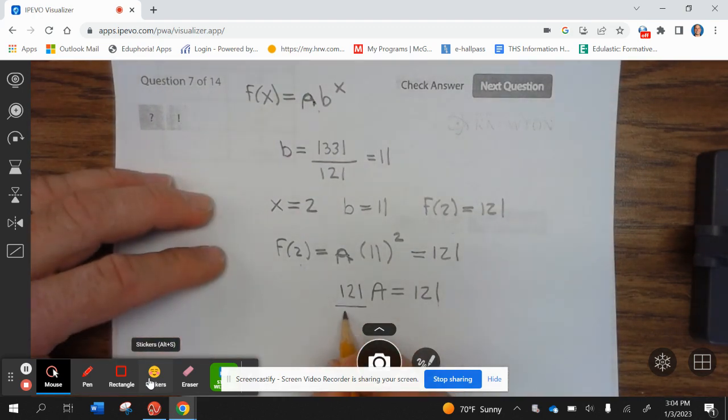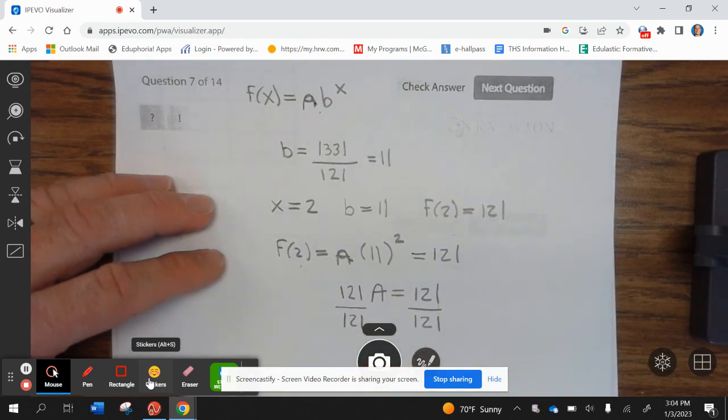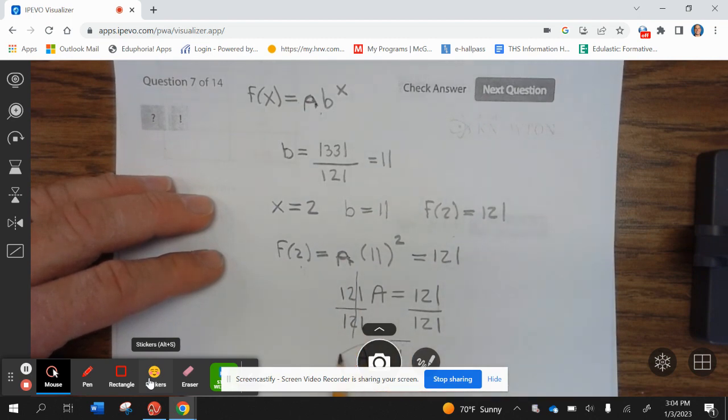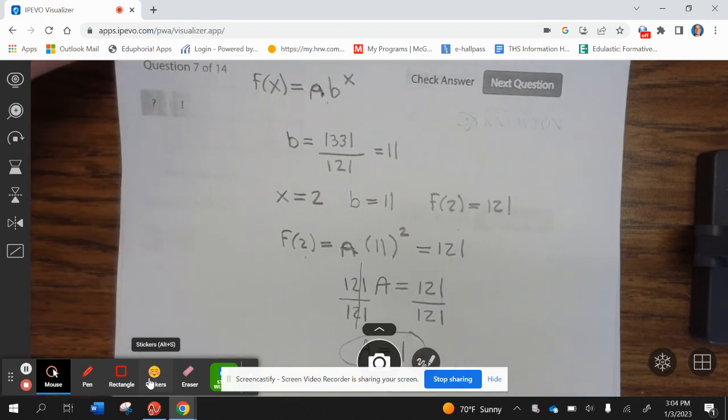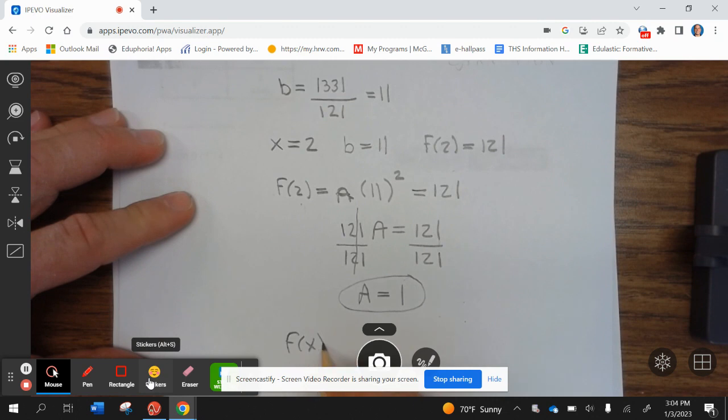We're going to divide both sides by 121. That becomes 1, so A equals 1. So f of x equals 1 times 11 to the x power.